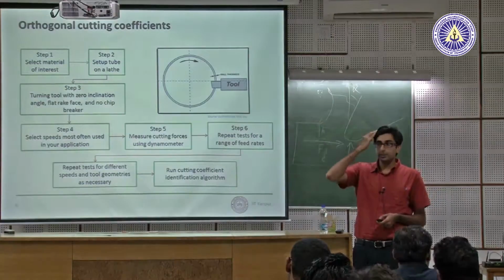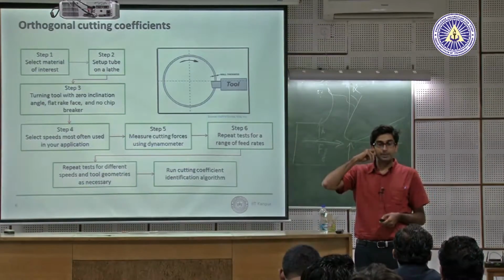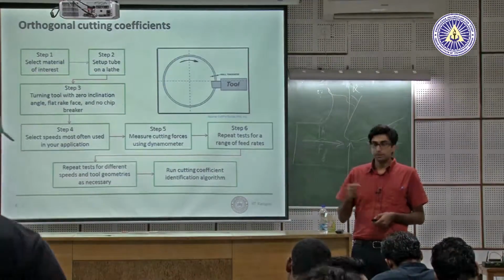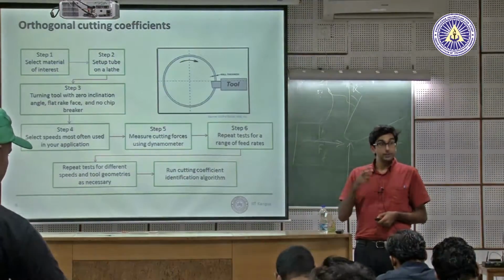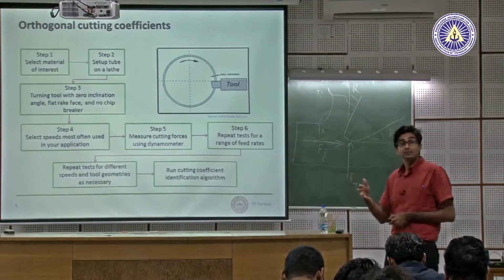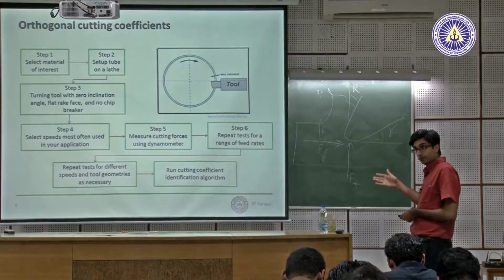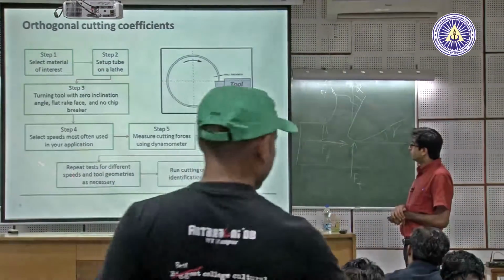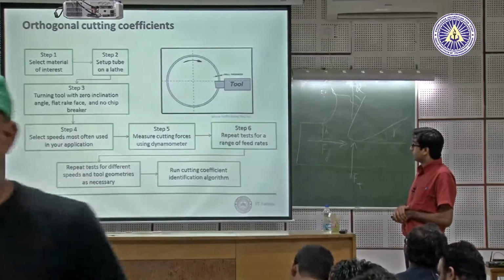So what we're going to do is turning as well as milling, and I think the first page is turning. You see we're going to do experiments at two different speeds, and you're also seeing that we're going to change the feed levels. There's a reason for that: we want to see how forces change. So we repeat tests typically for different speeds.